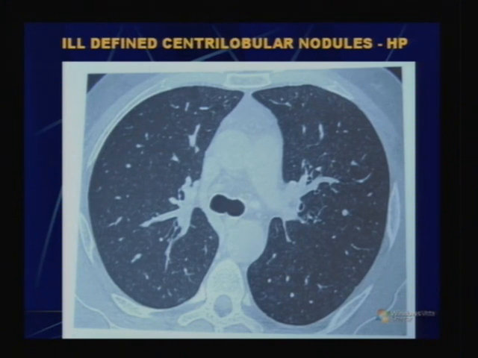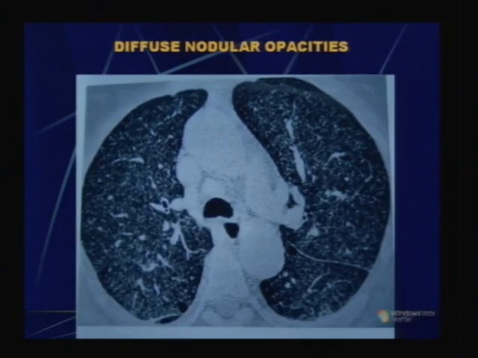It is probably a bronchiolar disease. Now this is a situation where you can see diffuse nodules present all over the lung fields, not sparing any areas, and this kind of pattern is commonly seen in patients with miliary sarcoidosis or miliary tuberculosis.